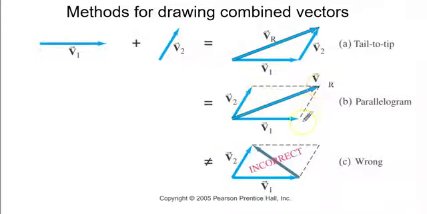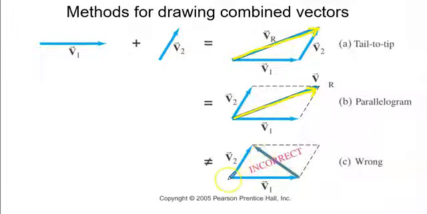So if I make a little parallelogram with this and draw the diagonal, do you notice that this here is the same length and direction as this here? So those are both the resultant vector. There's just two different ways to get that. We're going to practice drawing that in the next slide too.